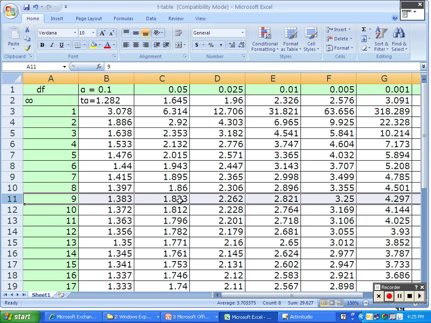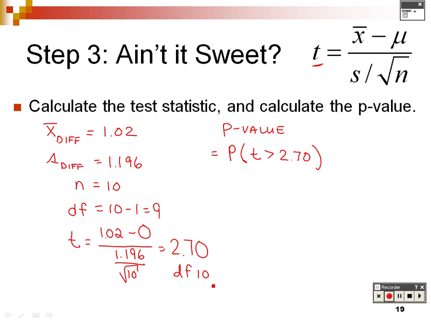It's less than 0.05. It's less than 0.025. But it's bigger than 0.01, but not by much. This is 2.8. We're looking for 2.7. So between 0.025 and 0.01. For our purposes, that's enough for us to conclude that since this p-value is smaller than 0.025, we are going to reject.